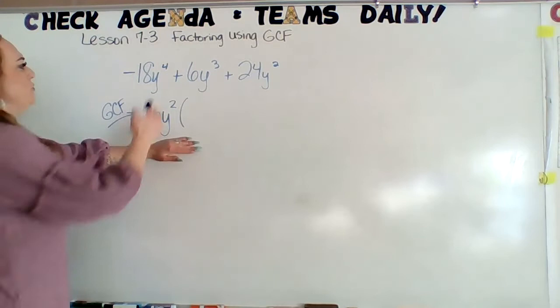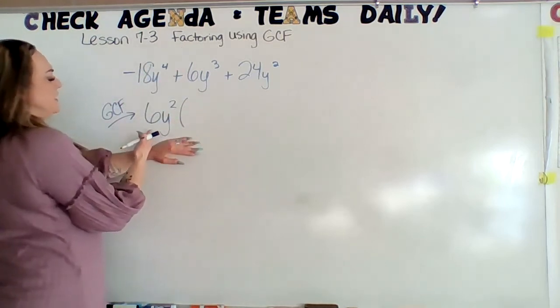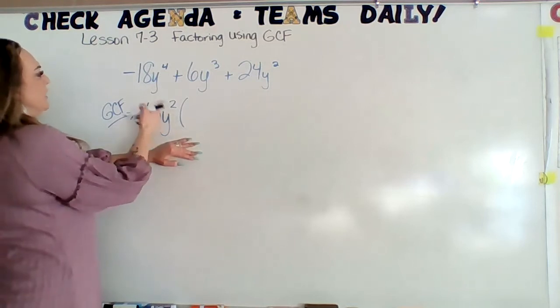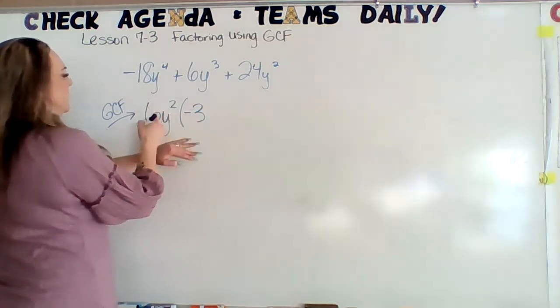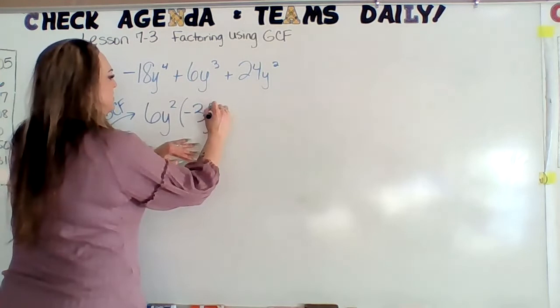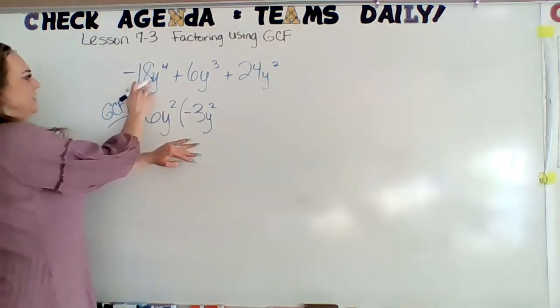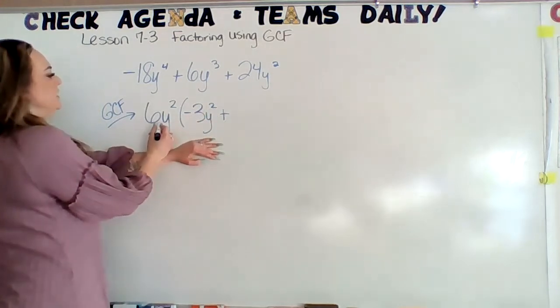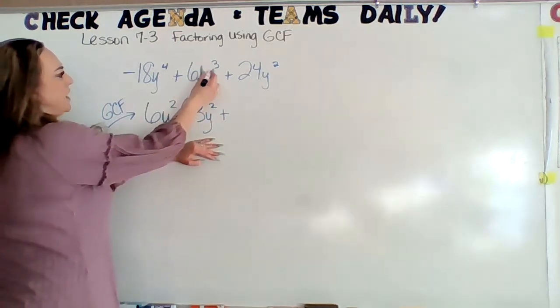And now we're going to write what we need to multiply times this to get back to our original. So 6y squared times -3, I need 2 more y's, y squared, will give us -18y to the 4th. 6y squared, we need 6y cubed.